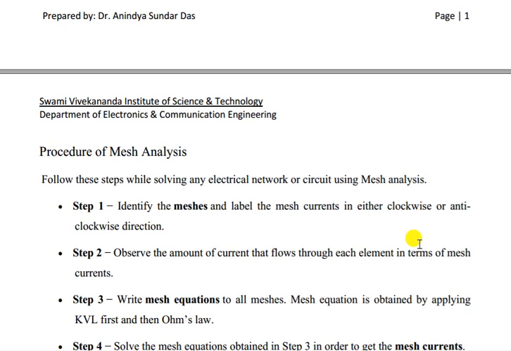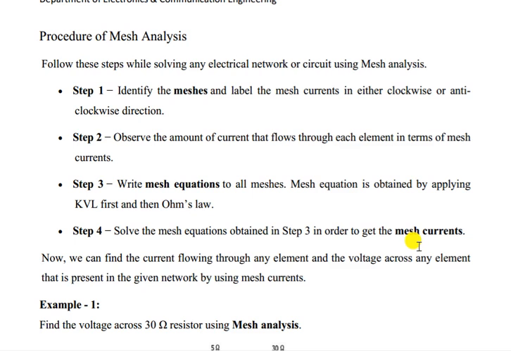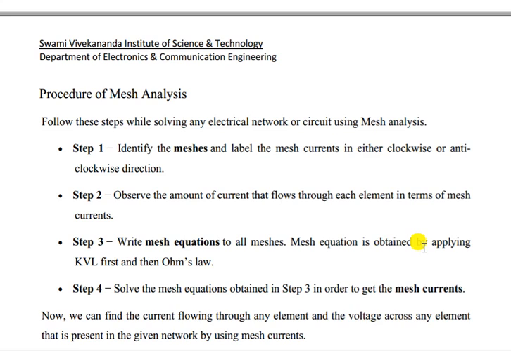Now let us take the steps. The procedure of mesh analysis: first, identify all the meshes and assign mesh currents in either clockwise or anti-clockwise direction. For a particular solution, we have to assign all the mesh currents in the same direction; we cannot use both in the same circuit.